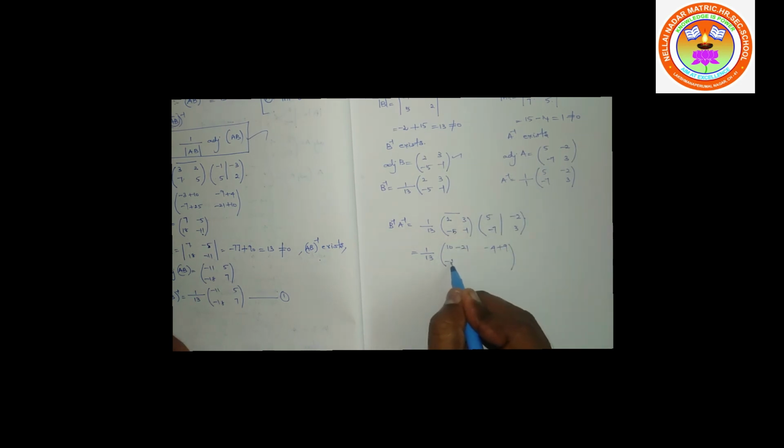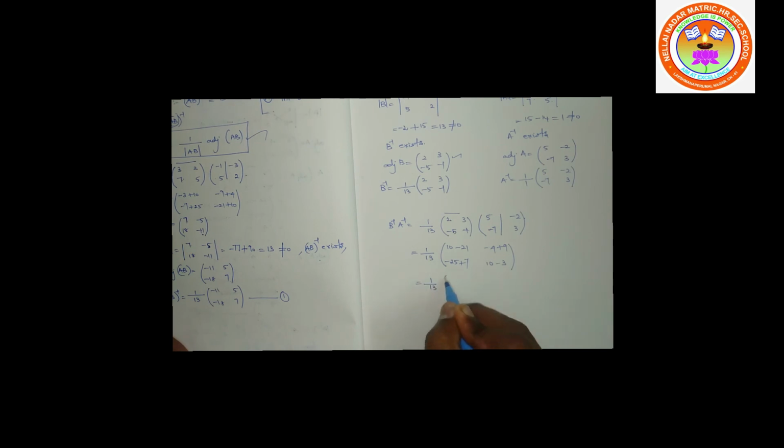First row first column, 2 5s are 10, 3 into -7 is -21. First row second column, 2 into -2 is -4, 3 3s are 9. Second row first column, 5 into -5 is -25, minus into minus is plus, 1 into 7 is 7. Second row second column, minus into minus is plus, 5 2s are 10, minus 1 into 3 gives -3.